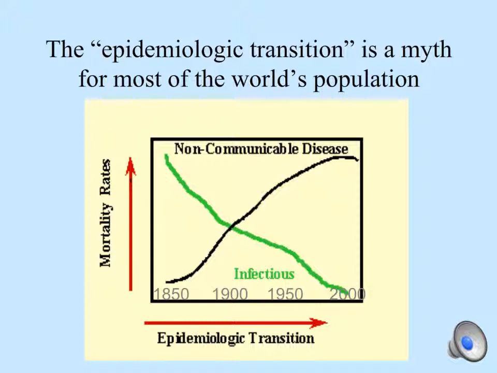The idea that infectious diseases dropped, the idea that the Surgeon General said that we can close the book on infectious diseases and that we need to concentrate on non-communicable diseases because they've become much more important. Of course, that was never really true in the huge majority of the world's population, and it's still not true today in most of the world's population.